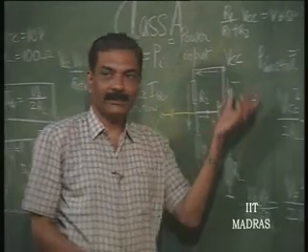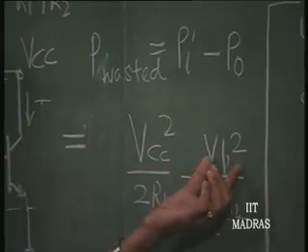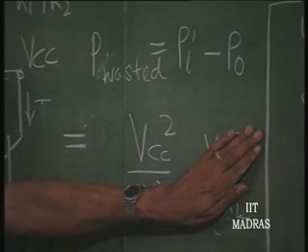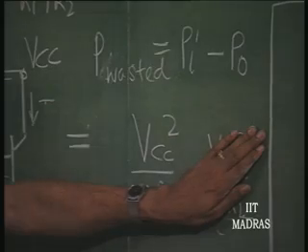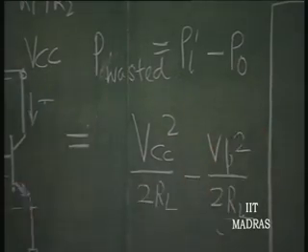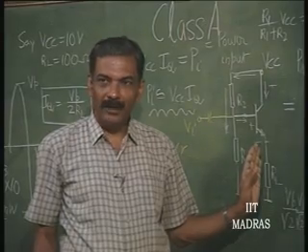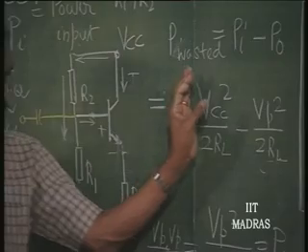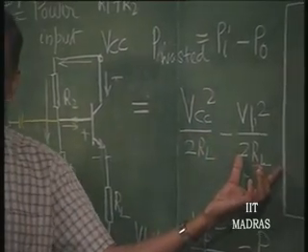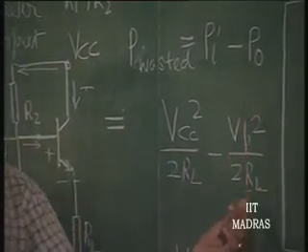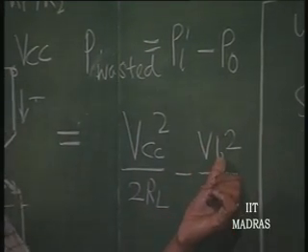So, power wasted is minimum only when this is maximum, otherwise power wasted is fully the power inputted when the signal is not there. The entire thing is wasted in this circuit as DC power. Now, this DC power gets converted into some amount of useful power, and the amount of useful power is maximum when Vp is equal to Vcc by 2.